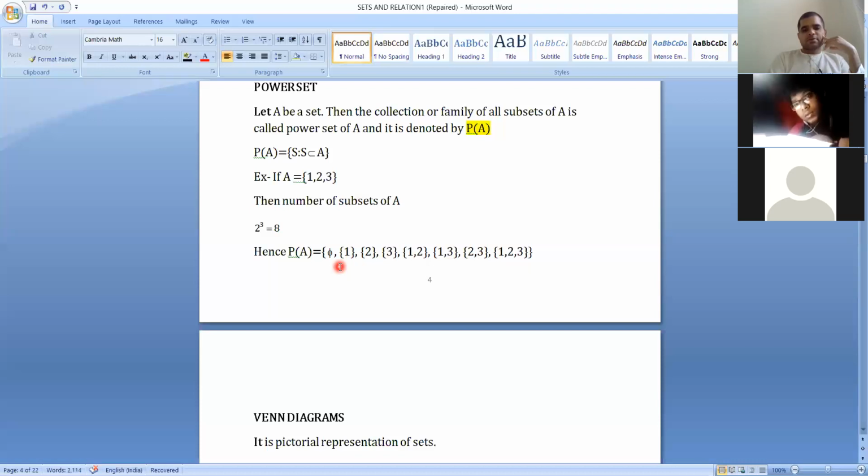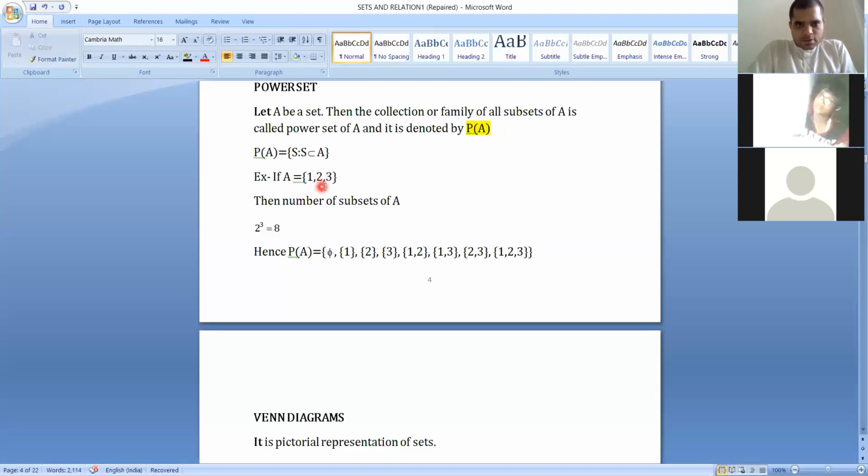One formula is there: if any set has n number of elements, then the number of subsets it can have is calculated by the formula 2 to the power n.